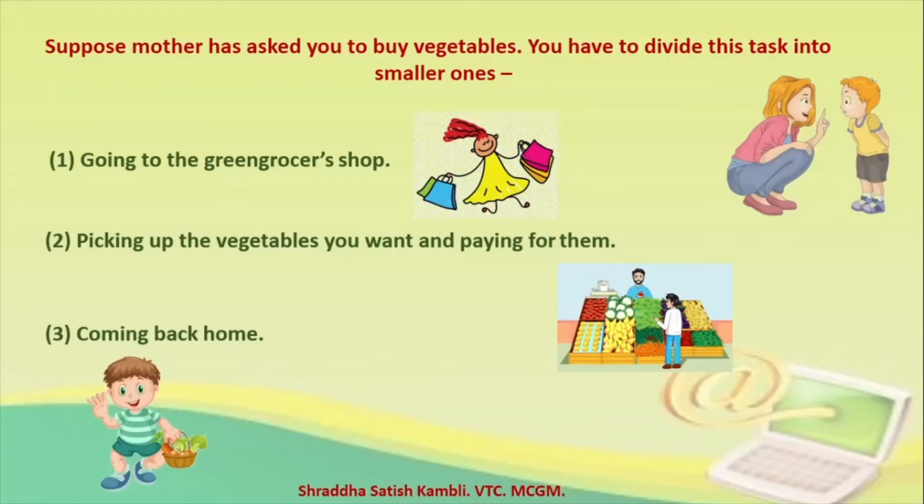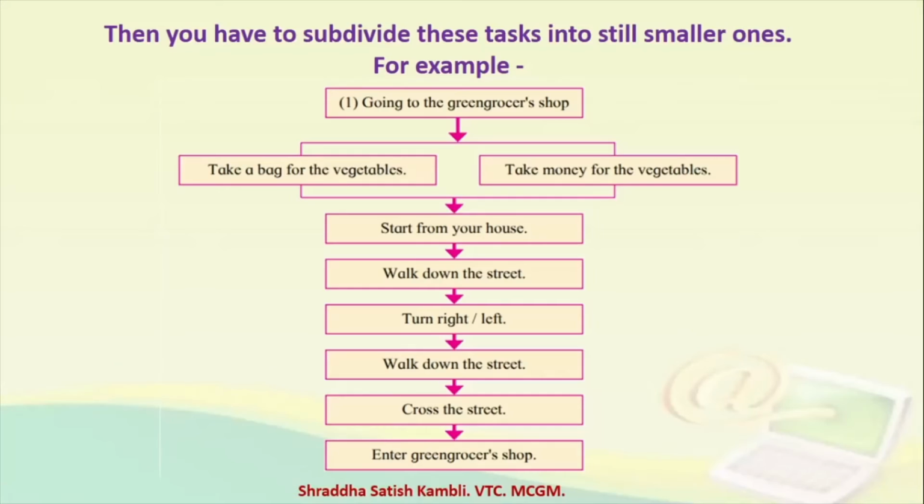Not only these steps, you also have to tell your computer each step in more detail. So what are the finer details? What are the more details? Let us see here. You will have to subdivide these tasks into smaller ones. So going to the greengrocer's shop, that much is not enough for the computer.